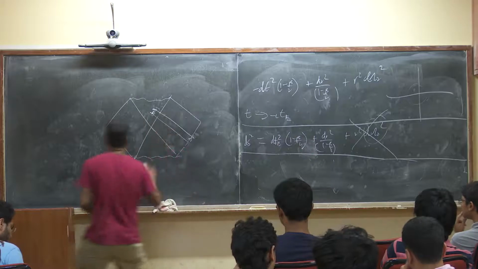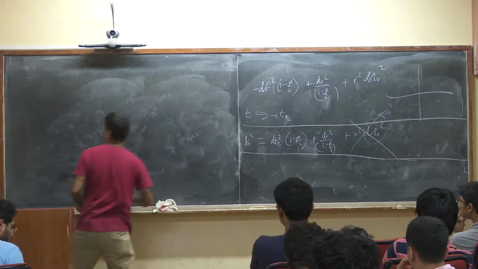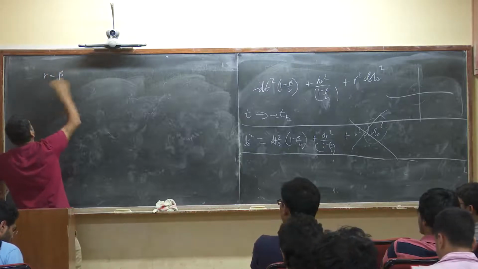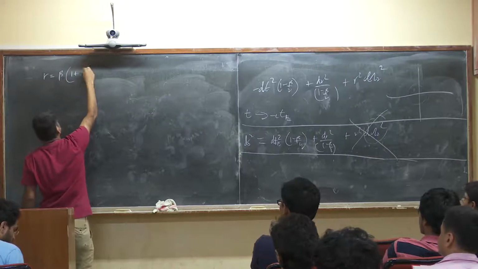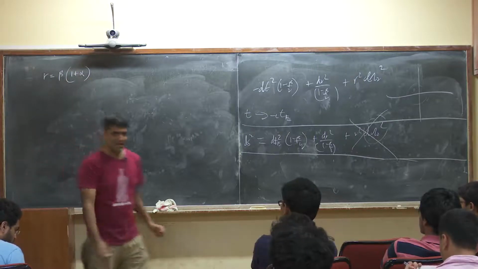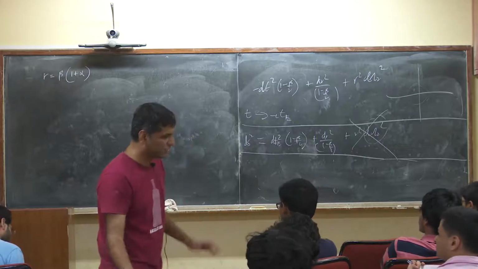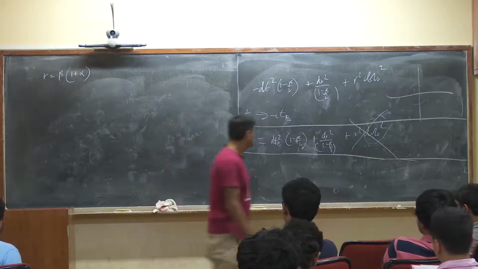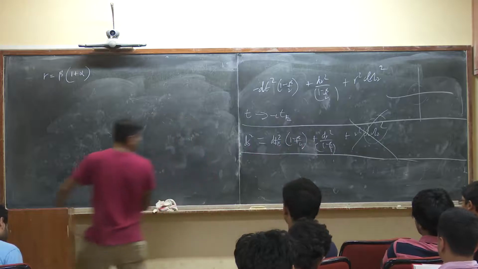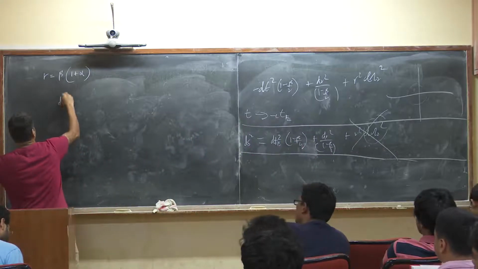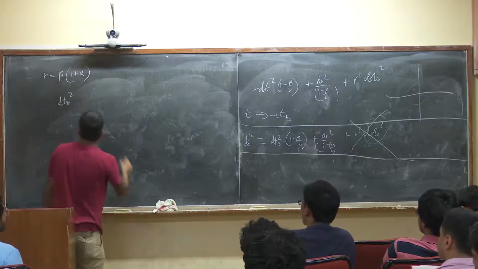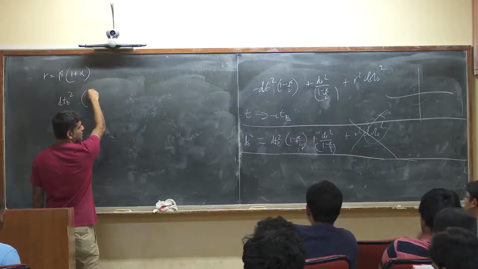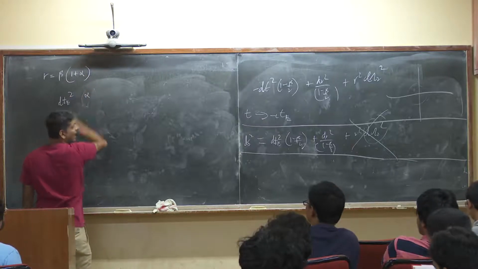So let us set r equal to beta into 1 plus alpha. And we'll work to first order in alpha, lowest non-trivial order in alpha. So what do we get? To lowest non-trivial order in alpha, we get dt squared into alpha.